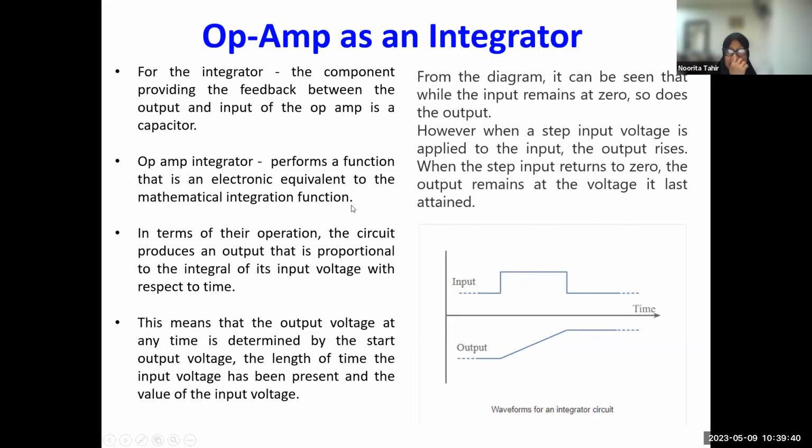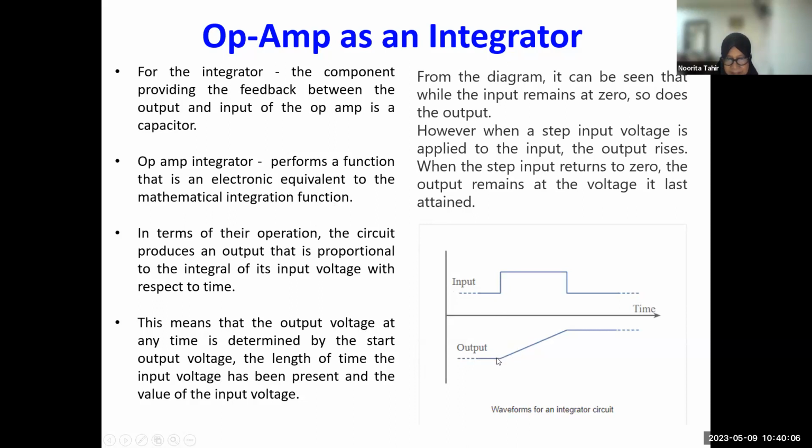So op-amp as an integrator performs a mathematical integration operation. It integrates the input voltage with respect to time, meaning the output voltage at any time is determined by the start of the output voltage.